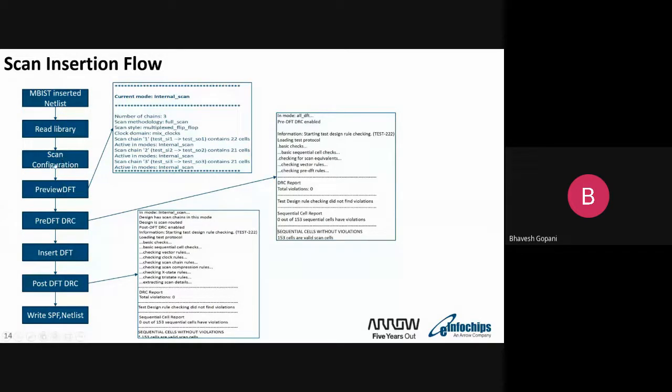Compression, maybe I can talk about at the end, what techniques could be tried. Related to those parameters: clock mixing, whether I want clock mix or no mix, full scan or partial scan, and whether I want to use compression techniques or not. Those things need to be defined in the scan configuration.